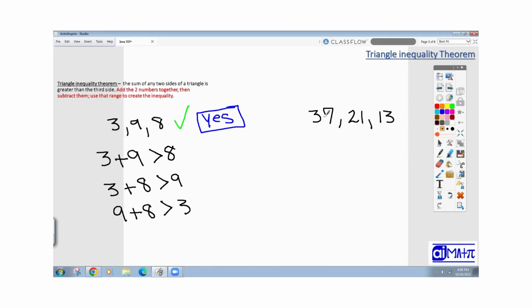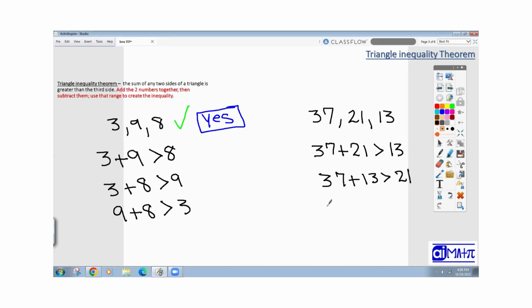If I were given three side lengths and they were 37, 21, and 13, and I wanted to determine, can I form a triangle with these three side lengths? I would look and say 37 plus 21, that is 58, which is greater than 13, so that part works. 37 plus 13 is 50, and that is greater than 21.